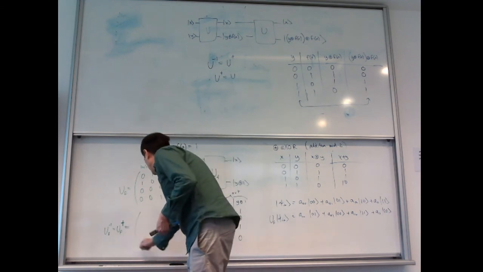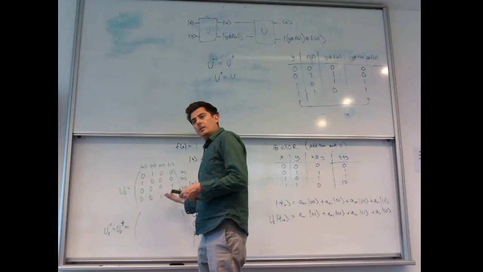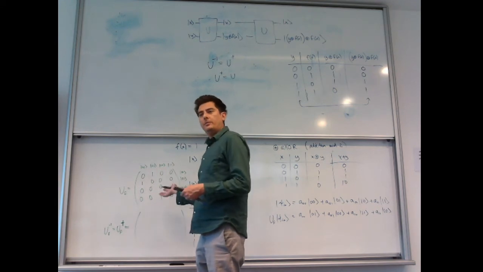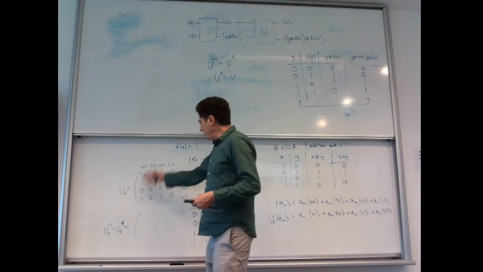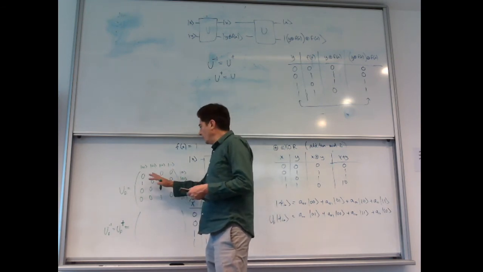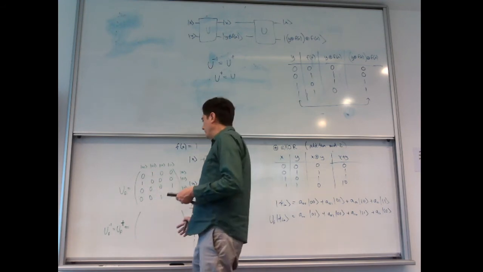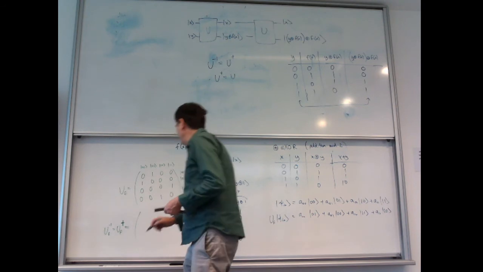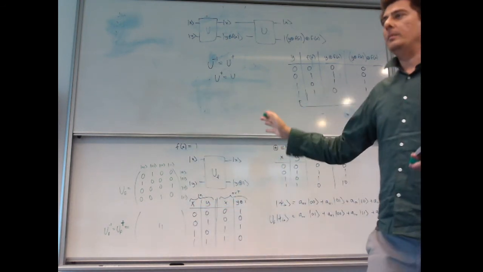I just have to transpose this, and if there are any i's, I have to reverse the sign. You can see that there are no i's, so I don't have to worry about the conjugate. So I just do the regular transpose, but actually this is symmetric, right? So it's the same.